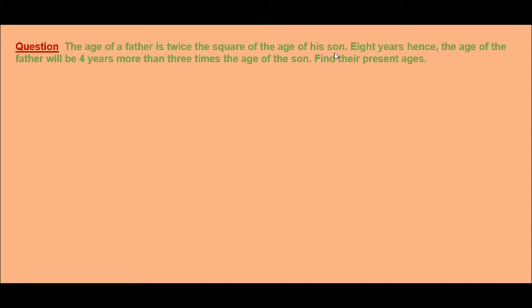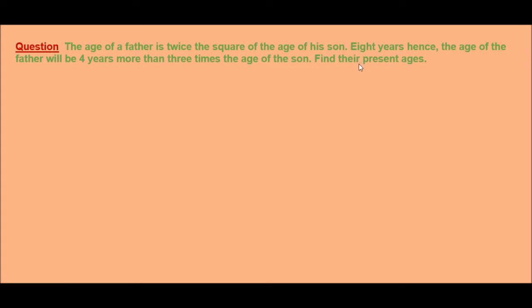Now, the toughest part of any word problem is to construct the corresponding equations from the information that are provided in the question. Usually, we have one equation from one statement. Over here in this question, we are having three sentences.